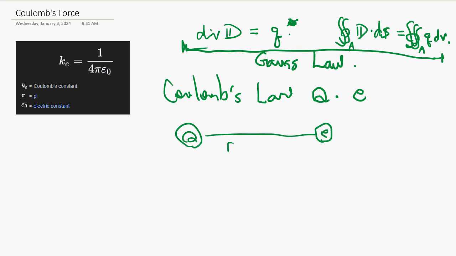This force is going to be some kind of constant times Q q over r squared, where r is a distance. Coulomb's law is like Newton's law. This charge acts on this charge. Mysteriously, they are linked together.